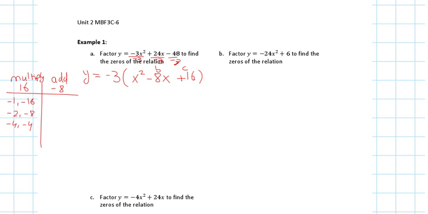So that means my factors are x minus 4, x minus 4. That's right. Because negative 4 times negative 4, if you multiply them, that gives you 16. If you add them, that gives you negative 8.